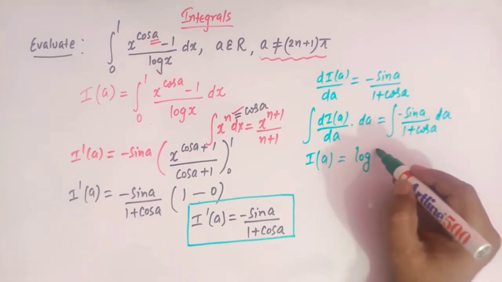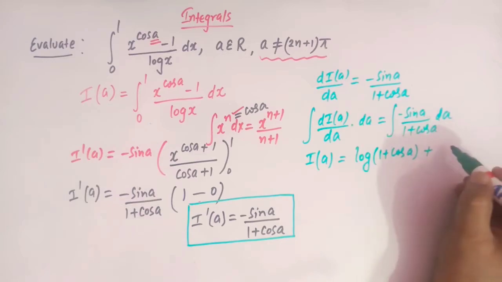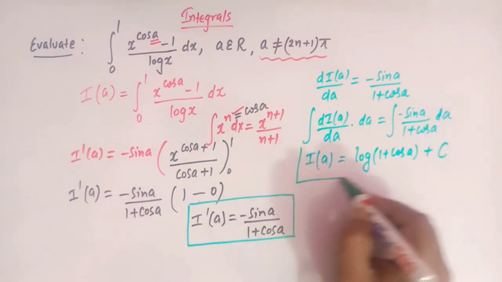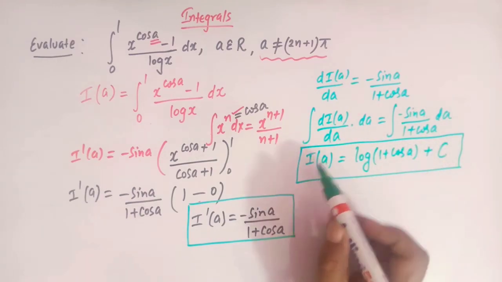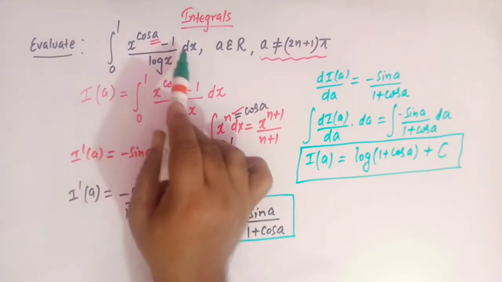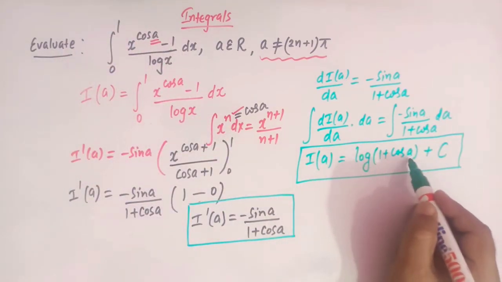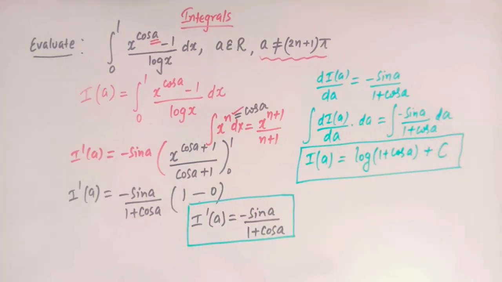So we have the log of 1 plus cos of a, and here we have the constant of integration, right? So now we have the value of I of a, which is the given integral, that is equal to the logarithm of 1 plus cos of a plus c, where c is the constant of integration, right?